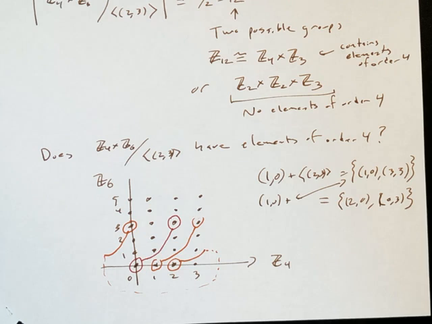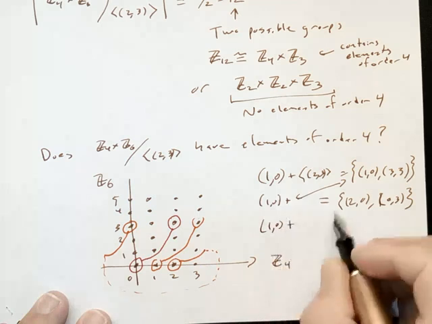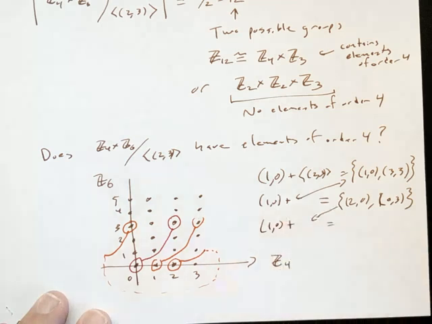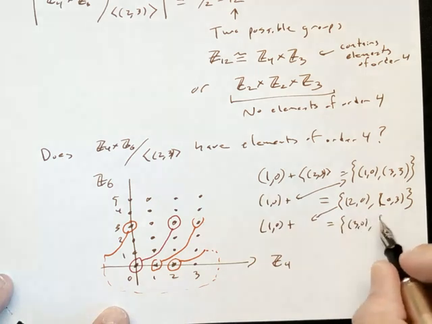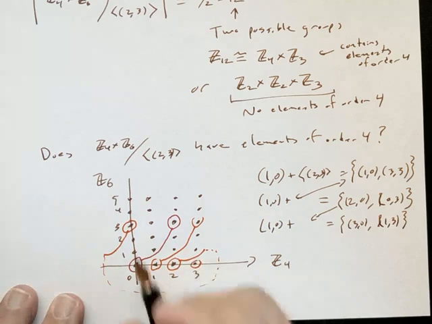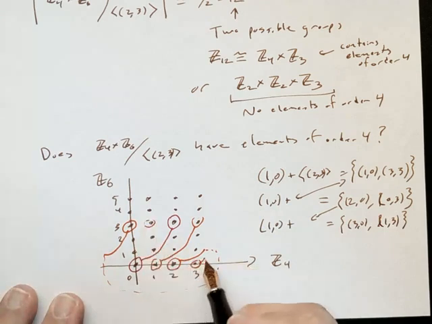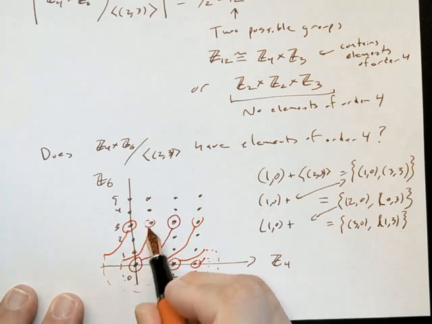Okay, one more time. If I add 1, 0 to this thing, what do I get? Zero, 1, 3. And again, if I want to connect these two dots, 3, 0 and 1, 3, I go around.